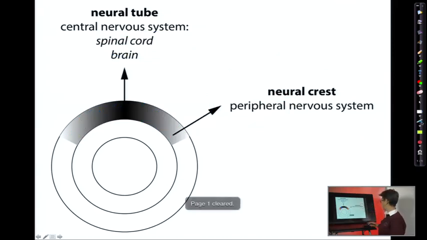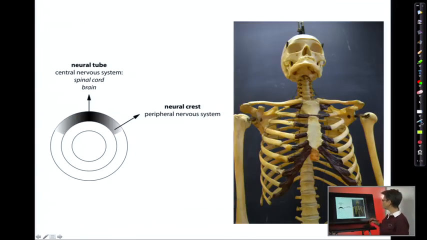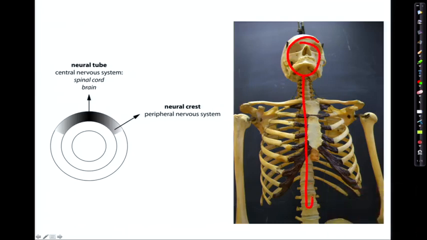Okay. So let's just look at that in situ. So the neural tube is going to form the brain and the spinal cord, and then neural crest, I'm going to reverse my colors here. Neural crest is going to form 3 different types of cells, sensory cells that sit out here and send information into the central nervous system.